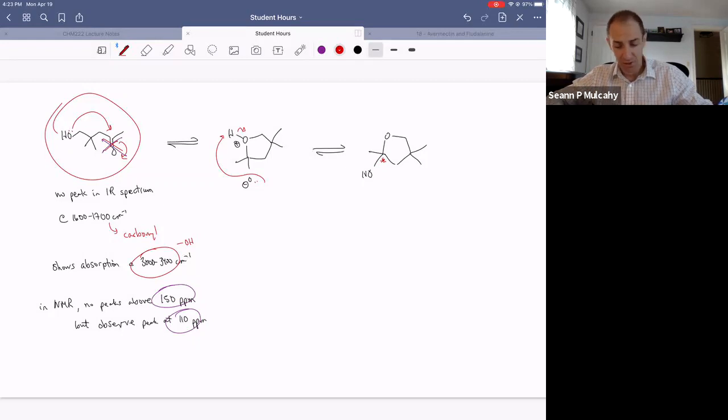It has an OH, and so this is what gives rise to that 3000 to 3400 absorption in the IR spectrum, but it doesn't have a carbonyl anymore. So you're absent any 1600 to 1800 or so carbonyl stretch, and you also don't have any really far downfield NMR signal.